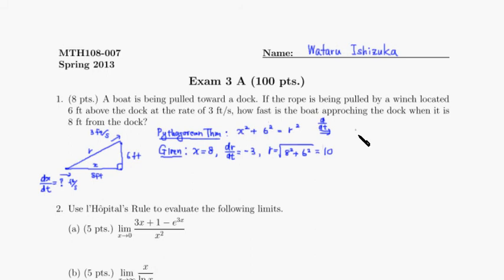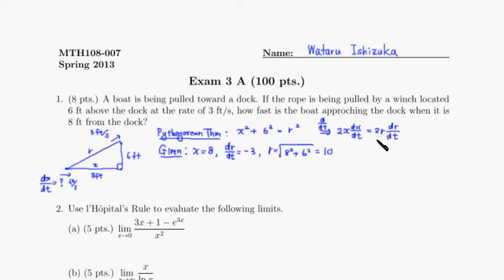The derivative of x squared is 2x times dx over dt. The derivative of 6 squared is a constant, so 0. This equals the derivative of r squared, which is 2r dr over dt.